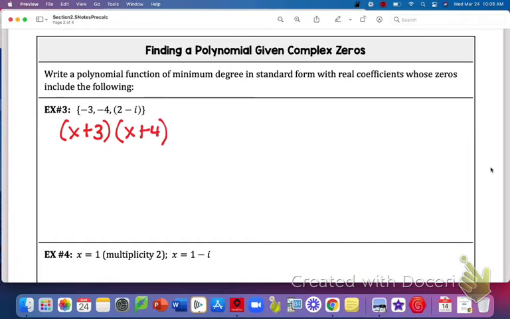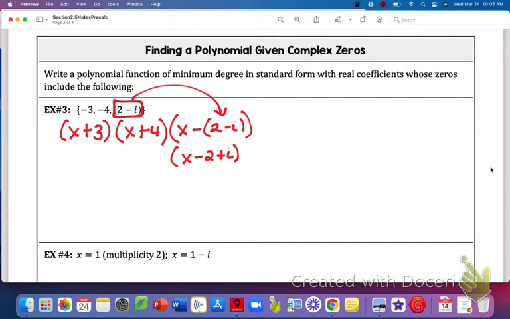Now here I have an imaginary 0 of 2 minus i. So now we got to think about what that would look like. Well, if that would be a positive, wouldn't that turn into x minus 2 minus i? Because I would put this in place of here, and it's always minus to start out with, unless it's a negative, then it goes to a plus. So really that turns into x minus 2 plus i, right?